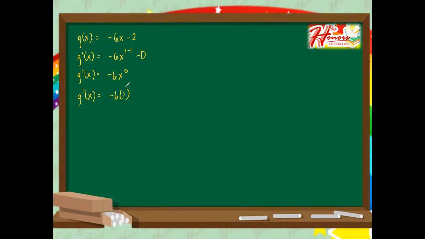Why is it times 1? Because any number, variable, or term that is raised to 0 is equal to 1. Negative 6 times 1 is negative 6. So now we have here the value of g prime of x.